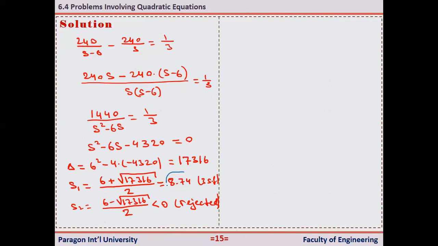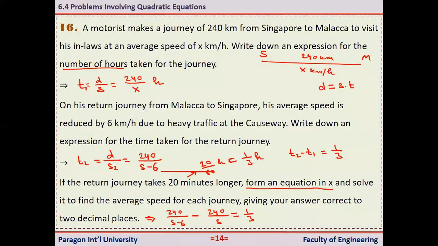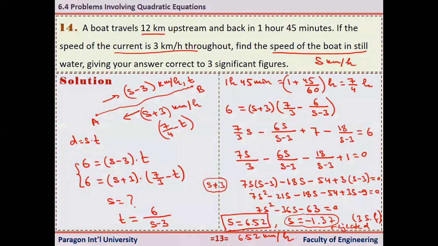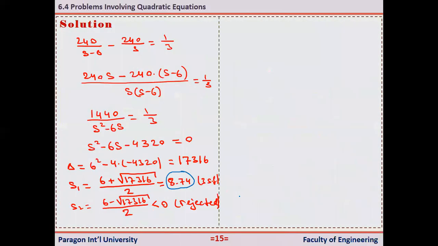In the question, it says to form an equation in x and solve it to find the average speed for each journey, giving the answer correct to 2 decimal places. So we need to find this s, and also we need to find this s sub 2.